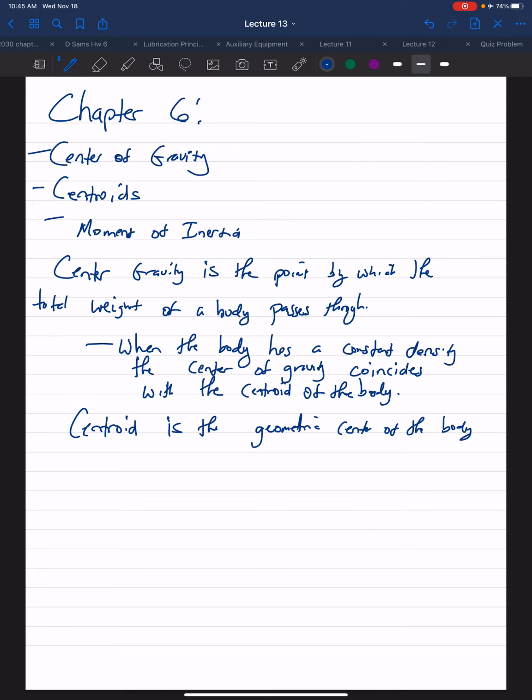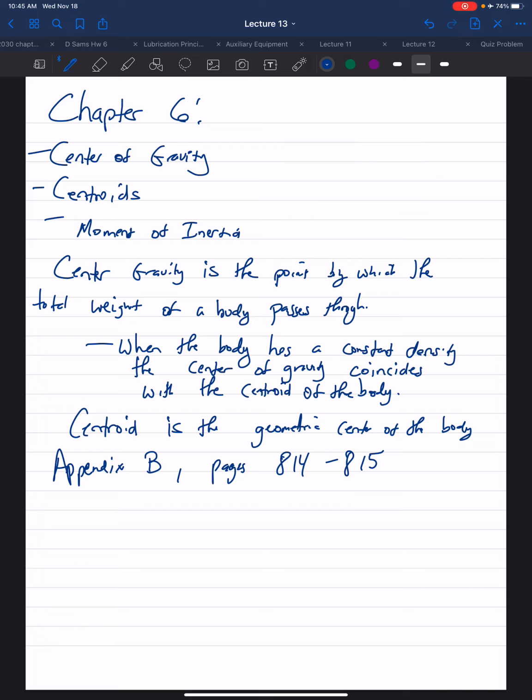And if you take a look in your appendices, specifically Appendix B, and this is pages 814 through 815, they give you the centroid amongst other properties of different shapes.